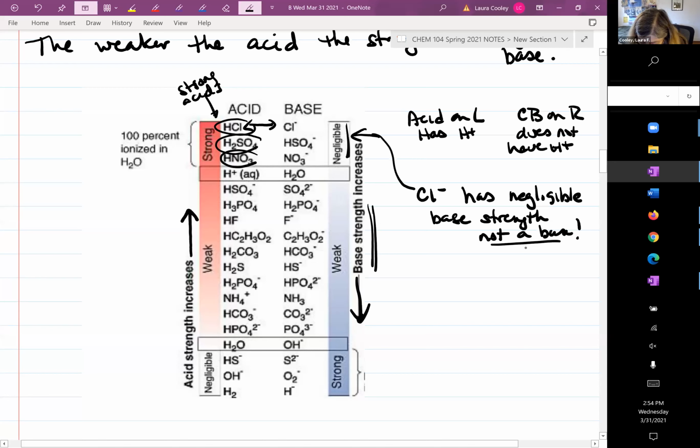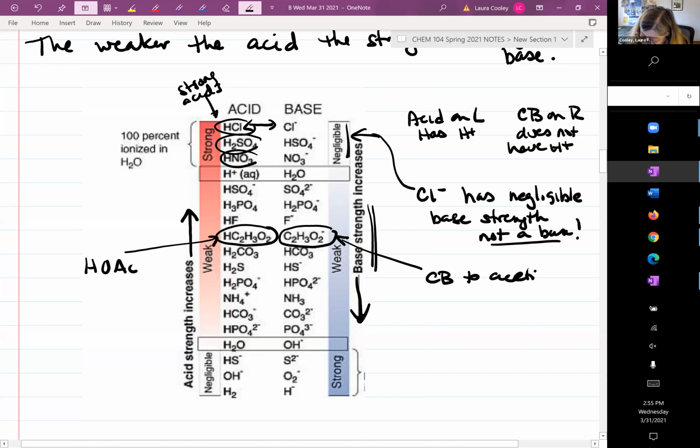And here is acetic acid, one of the many aliases of acetic acid, HOAc. And you can see its conjugate base, acetate, is much further down the base strength list than chloride.